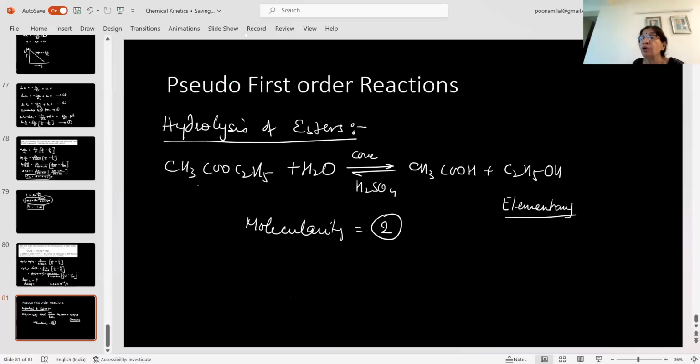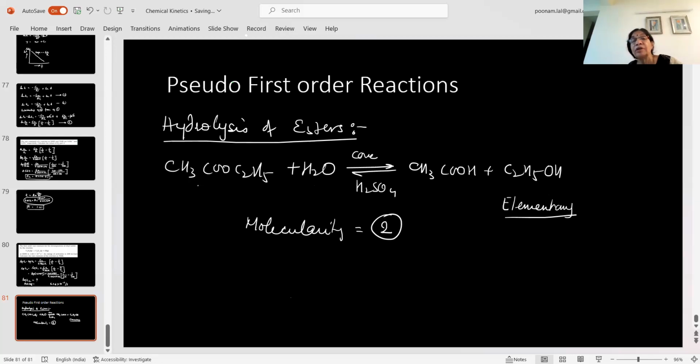But when we look at the order of the reaction, you will realize that water is in large excess and only a very little of the water takes part in the reaction. As a result, the concentration of the reactant water remains literally unchanged.